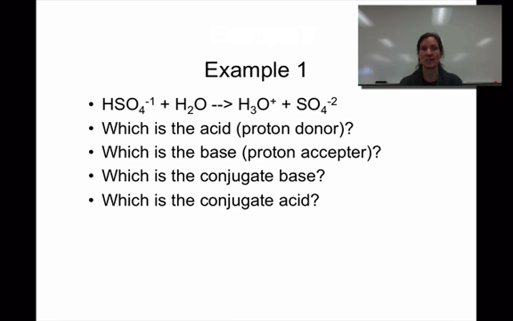H2O, on the other hand, accepted a hydrogen from that sulfuric acid, so that is actually your base in this situation. The species that takes on a hydrogen is basic based on that definition. Your conjugate acids and bases then: since HSO4 minus was your acid, SO4 2 minus is your conjugate base. Every acid makes a conjugate base.